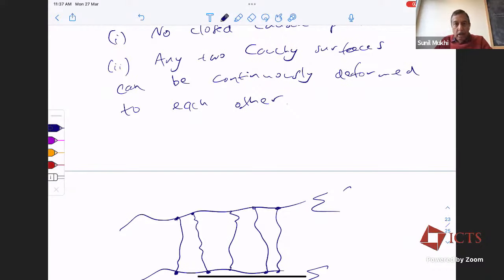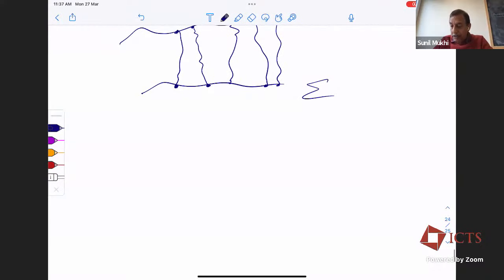Okay. There's a corollary of this, which again Witten has explained nicely.